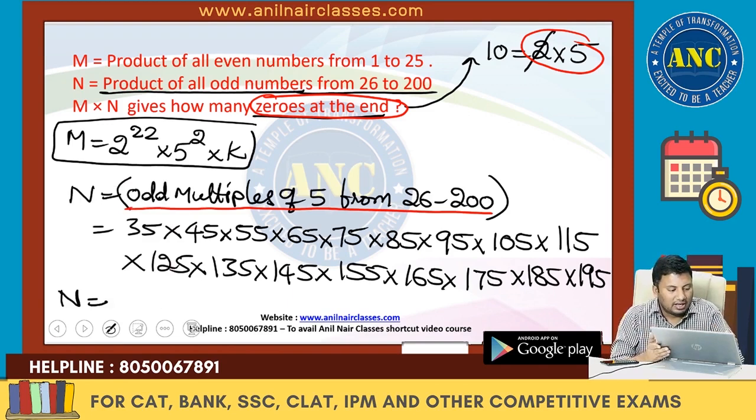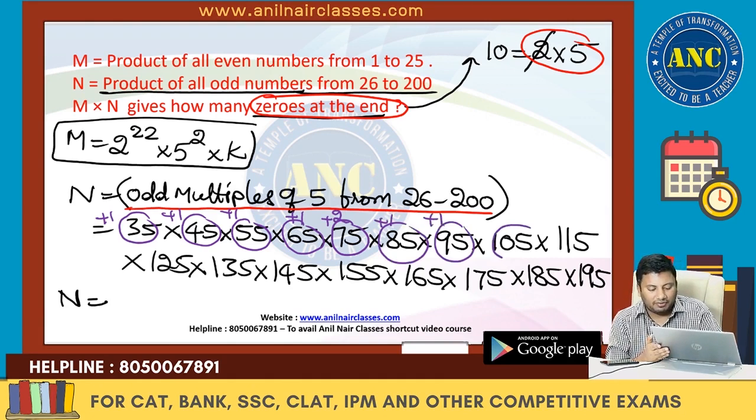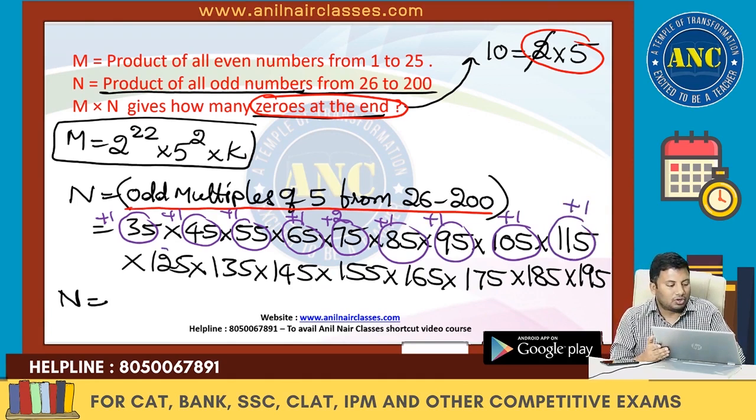Now see here. I will get one multiple of 5. 5 7s are, 5 9s are, 5 11s are, 5 13s are, 25 3s are plus 2. 5 17s are, 5 19s are, 5 21s are, 5 23s are. 125 is plus 3.